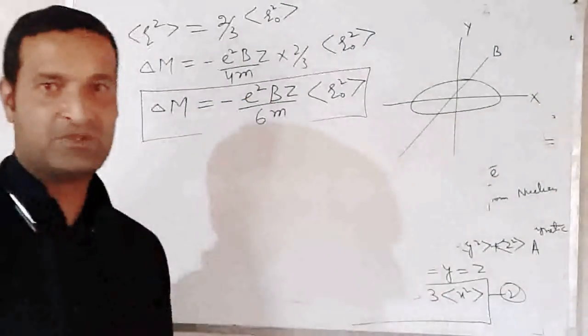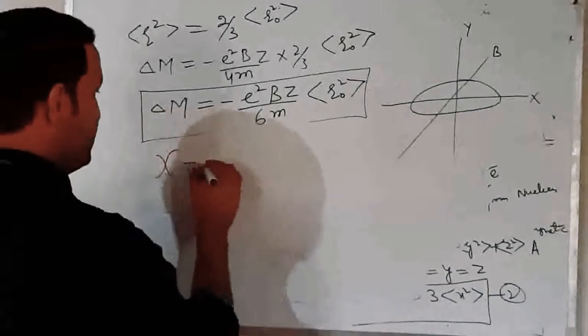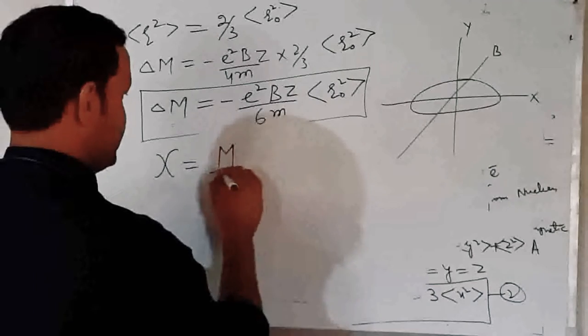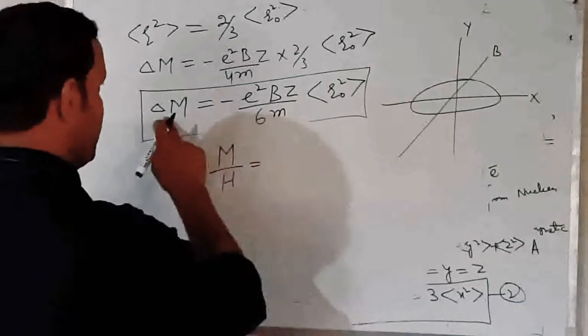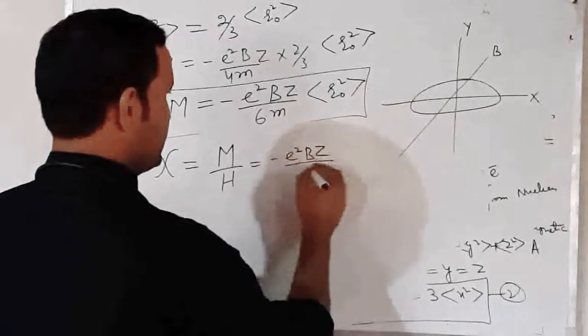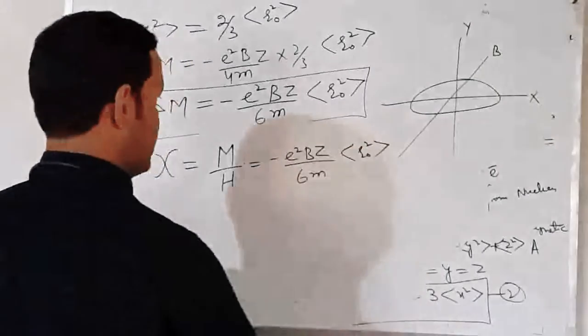We have to calculate the magnetic susceptibility of the material, which is related to the magnetization as chi equal to M upon H. Here magnetization is minus e square B Z upon 6m r naught square.